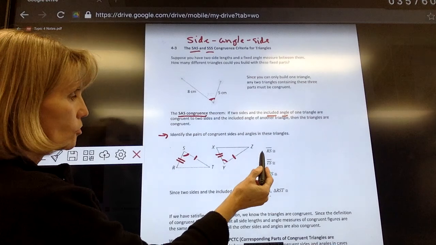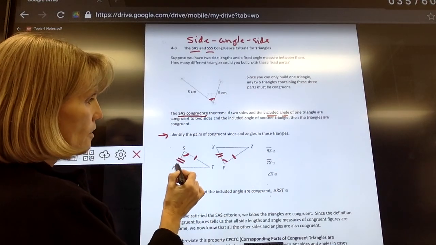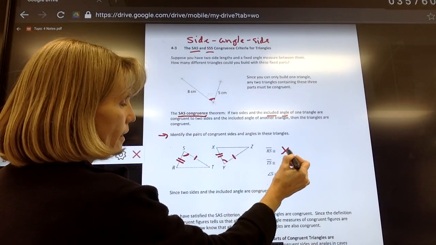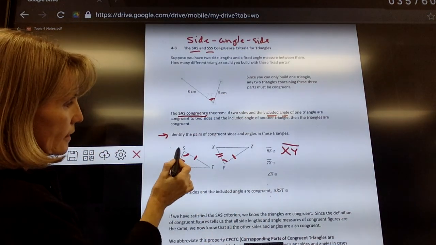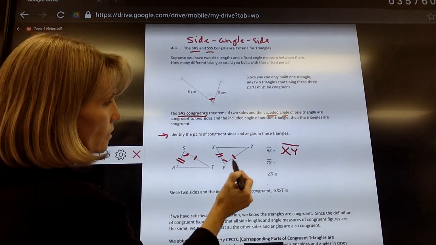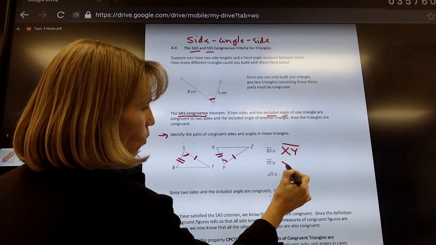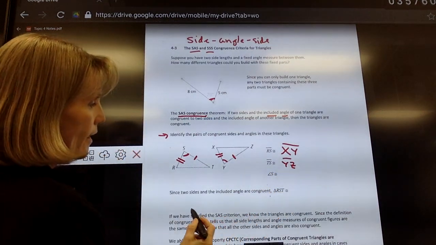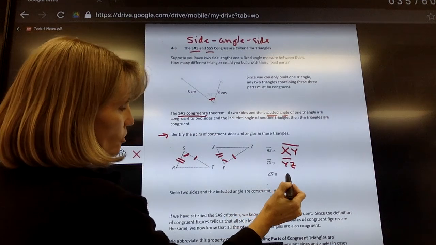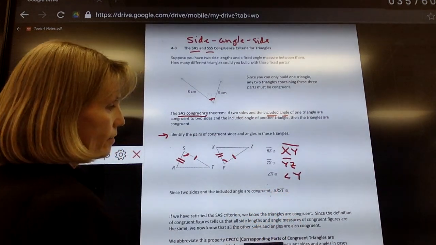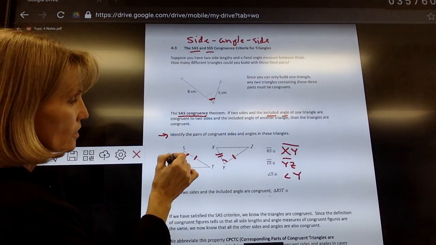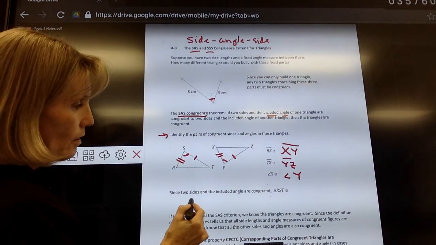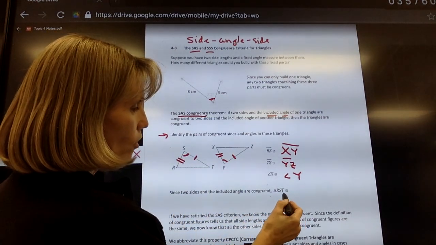So side RS is going to be congruent to side XY. I know that segment ST or TS is going to be congruent to segment YZ. And I know that angle S is congruent to angle Y. Those have been marked in the picture. And since I have that combination of side, angle, side, okay, I know that the two triangles are congruent.